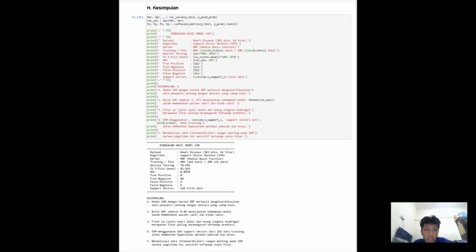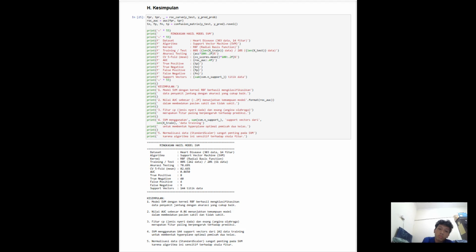In conclusion, the SVM model with the RBF kernel successfully classified heart disease data with good accuracy, and the AUC value of 86% indicates the model's ability to distinguish between patients with and without heart disease. The CP, chest pain type, and exercise induced angina features are the most influential features for prediction.